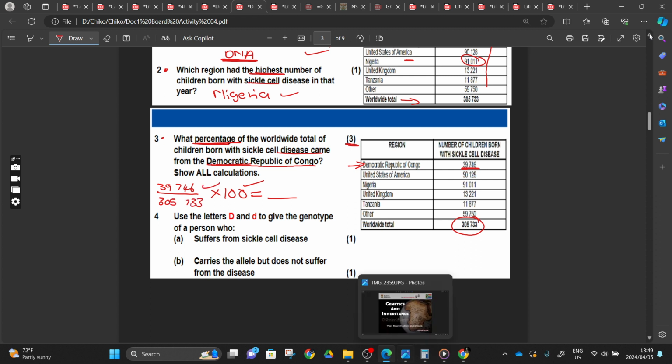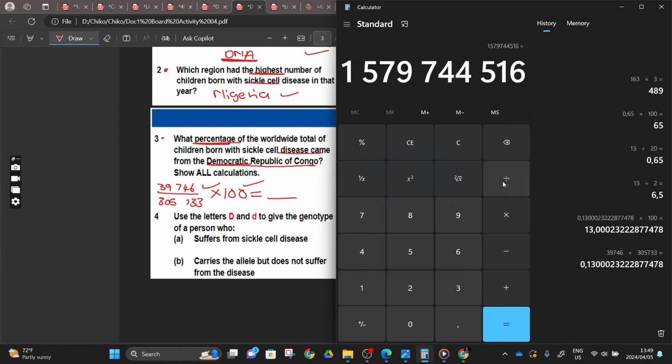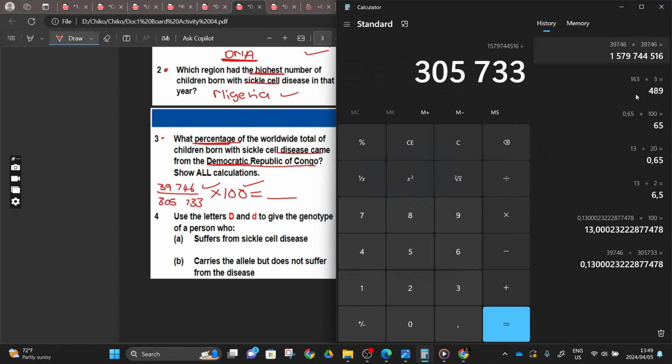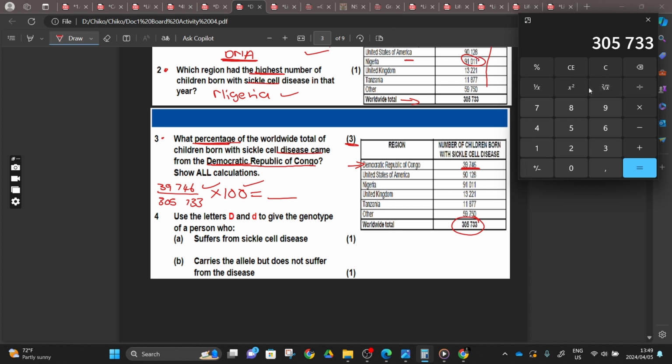And then the answer here is something like a calculator. You say 39,746 divided by 305,733. I want my calculator to be just small. Fine. Equals.